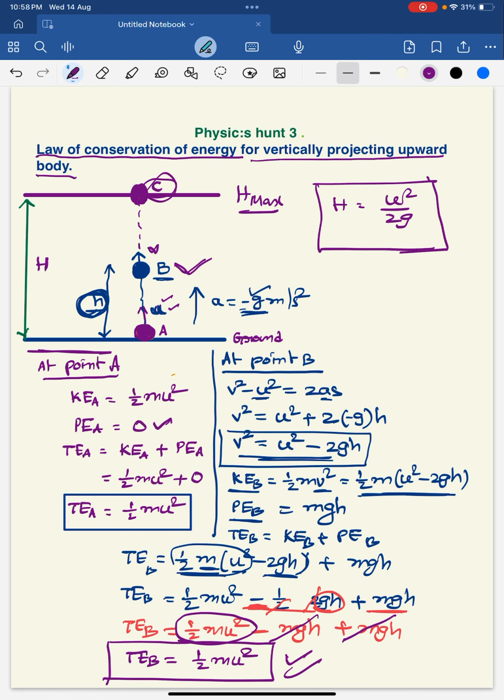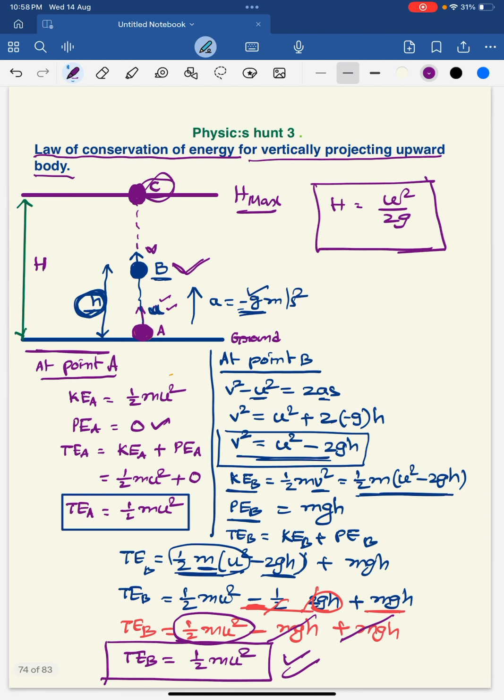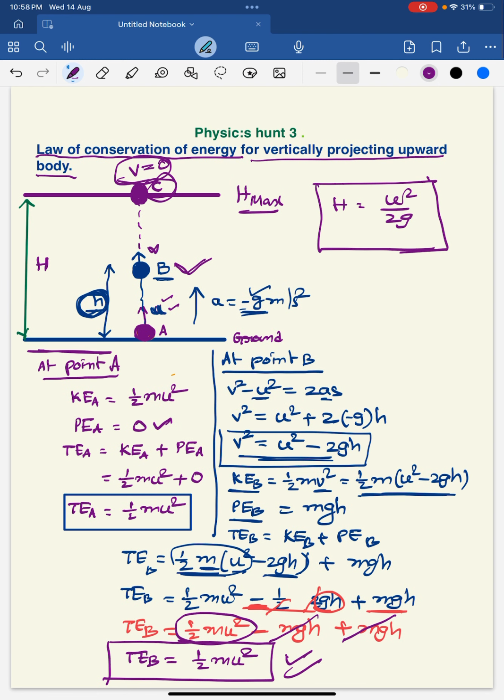When the body reaches point C, the speed becomes 0. V becomes 0 at this location. Whenever velocity becomes 0, kinetic energy is also 0, right? So now let us assume the object is at point C. Whenever the object is at point C, the vertical velocity becomes 0, and therefore kinetic energy at point C is equal to 0.